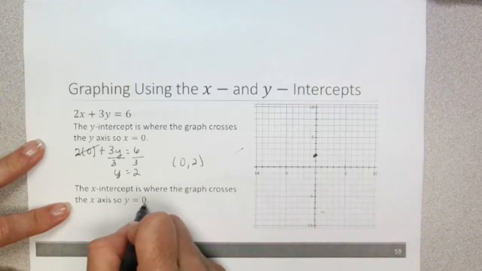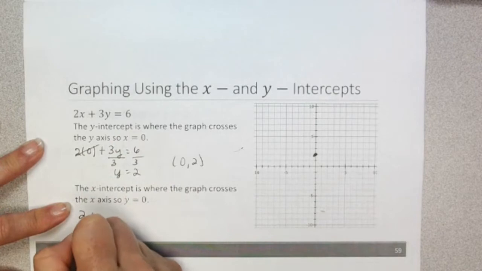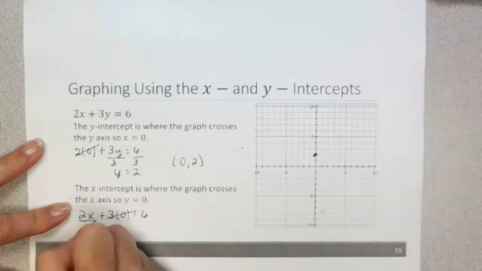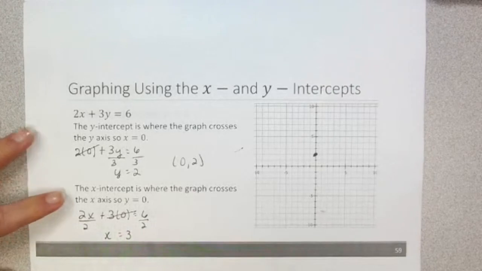So I should be able to substitute 0 in for y in the equation and solve for x. And that'll give me my x-intercept. So 2x plus 3 times 0 equals 6. So 2x equals 6. When I divide both sides by 2, I see that x equals 3.